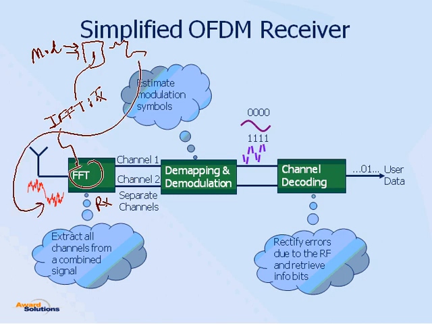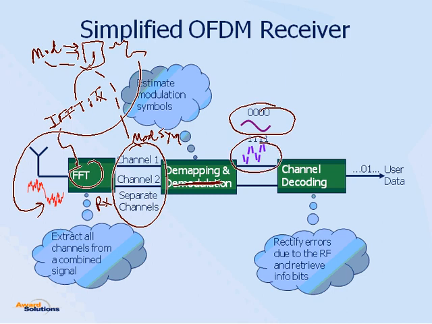The strange looking signal goes in, and you get back your modulation symbols. Then we do the demodulation, so you recover those modulation symbols over orthogonal subcarriers. Then the opposite of channel coding is decoding, and now you get back your user data.